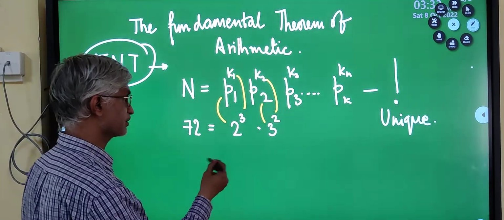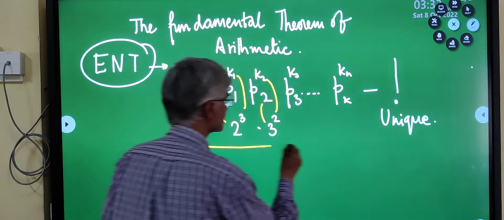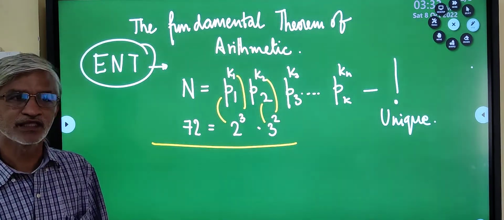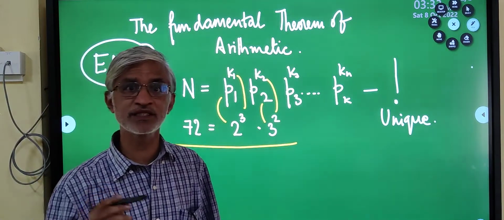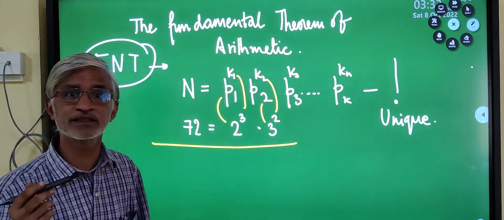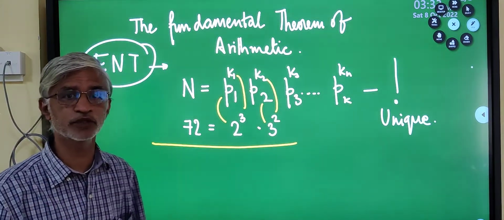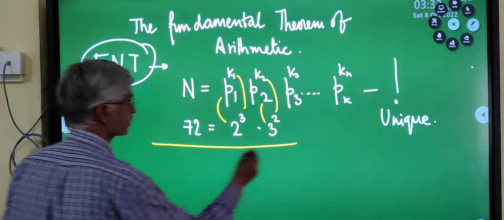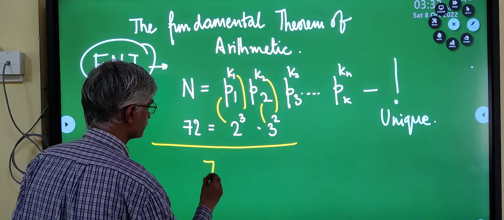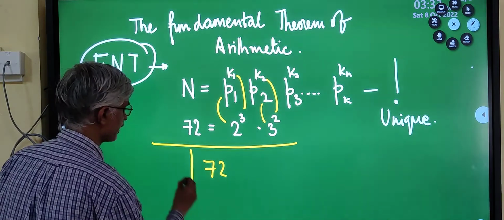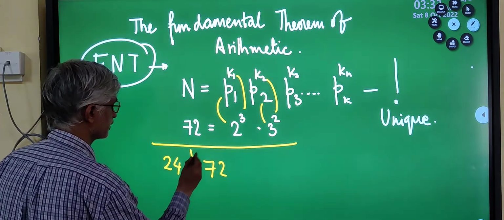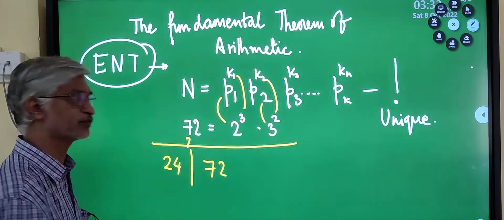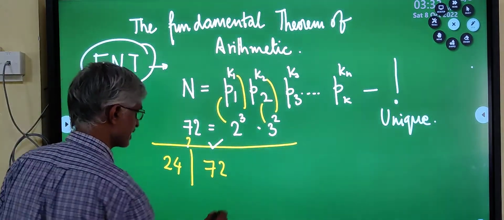So what this immediately gives us is a rather crude test of divisibility. It's very inefficient, but nevertheless, I don't think that we should neglect using this idea when we think about problems in number theory. So, suppose somebody says, is 72 divisible by 24? And this is the notation for is 72 divisible by 24? And in this case, we know it is yes.